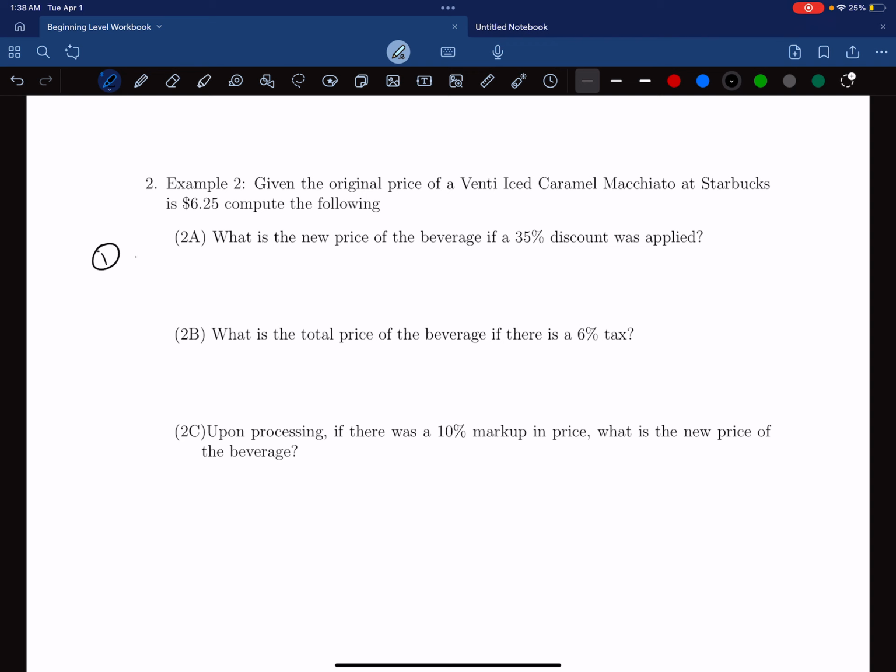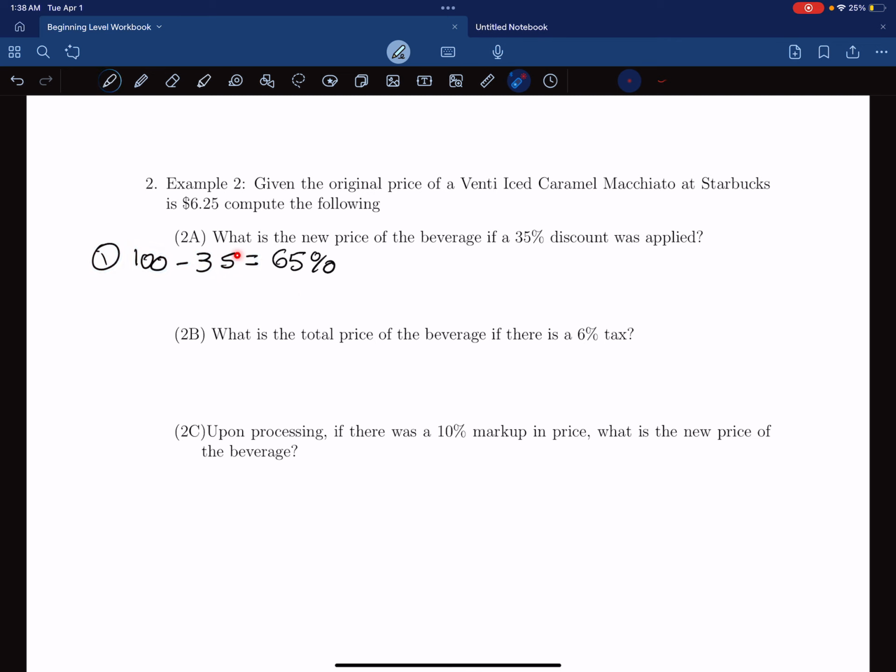To do that, we're going to do 100 minus 35. And that is going to give us 65. So we are actually paying for 65% of the price. Because we're taking away 35, where we have a 35% discount, we're only paying for 65% of this price here.